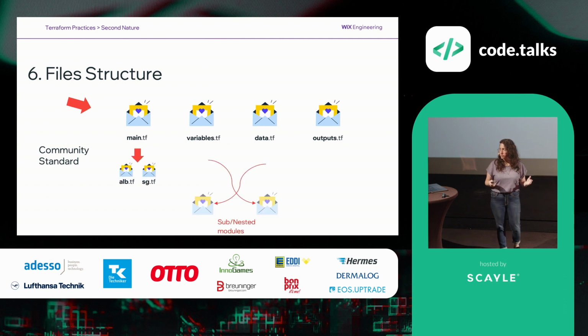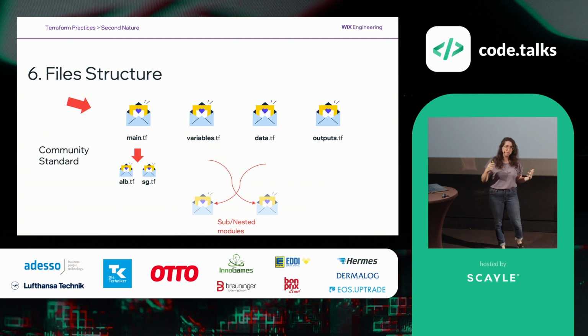So the thing about that is that, let's take, for example, if I have a module to create a VM, I will put the necessary resources to create a VM in the main TF, but if I have peripheral stuff, like creation of security groups or a load balancer, then we should put them in separate files. Again, readability is awesome.